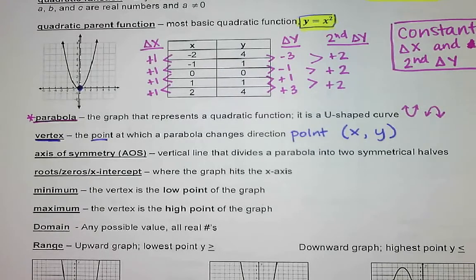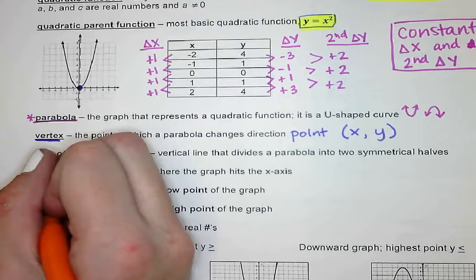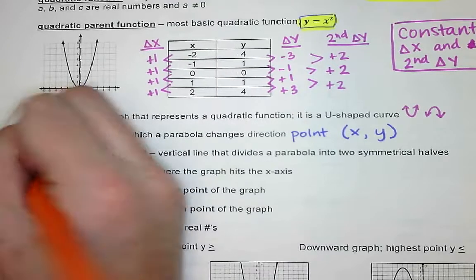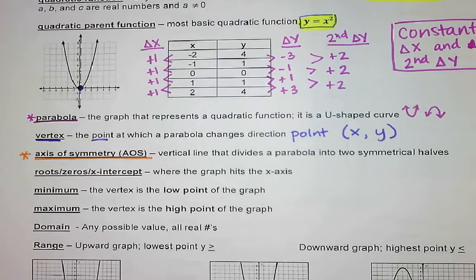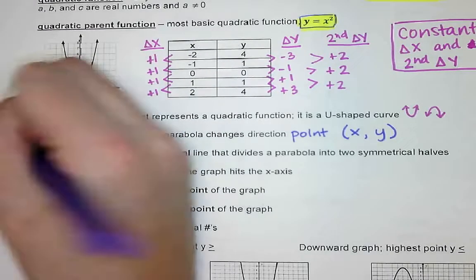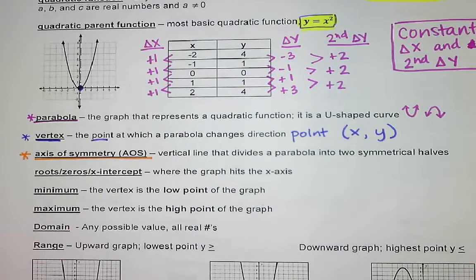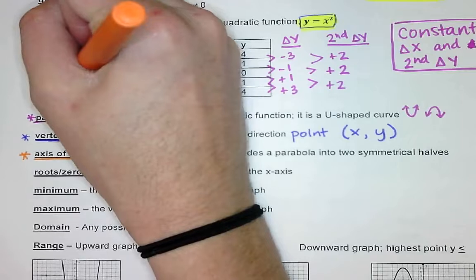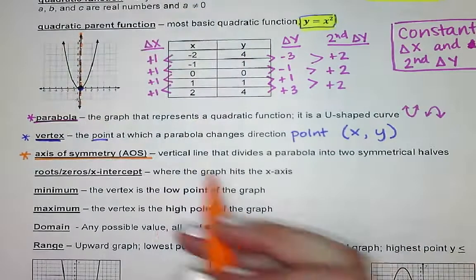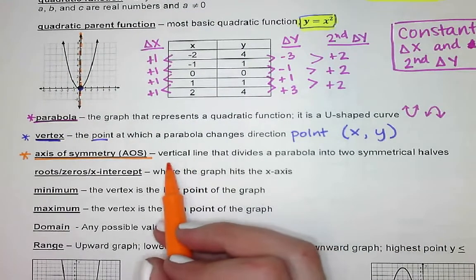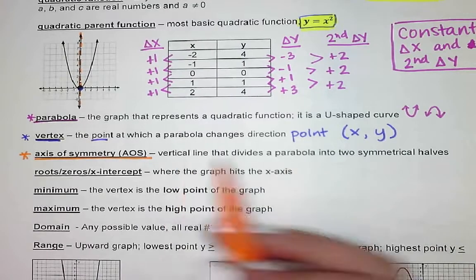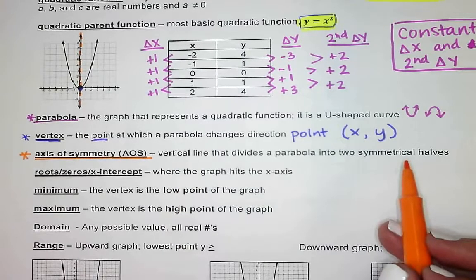And then we're going to take a look, and through the vertex, there's something called your axis of symmetry, okay? And we kind of shorthand that to be AOS sometimes, okay? Now, guys, my axis of symmetry is the line that goes right through the vertex, and it cuts your parabola exactly in half, into two symmetrical halves, actually.